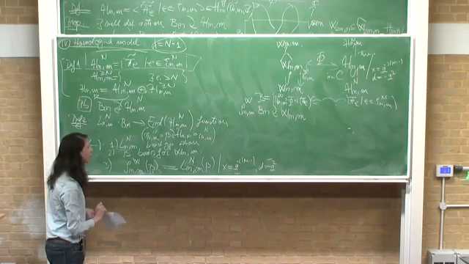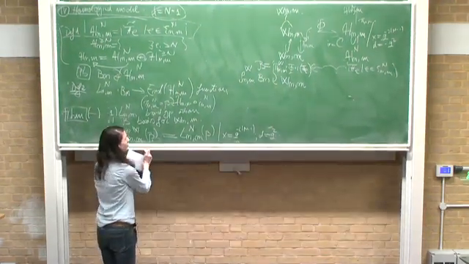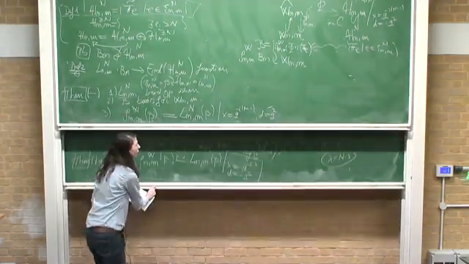And now using this, I just state the conjecture of how we can recover the Color-Jones polynomial using this.